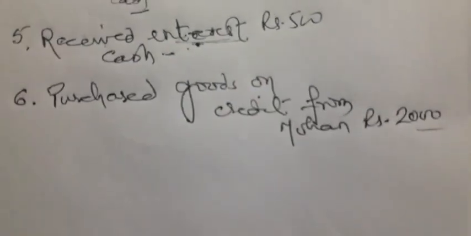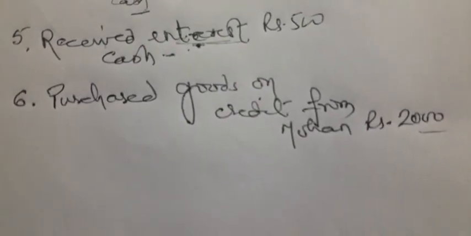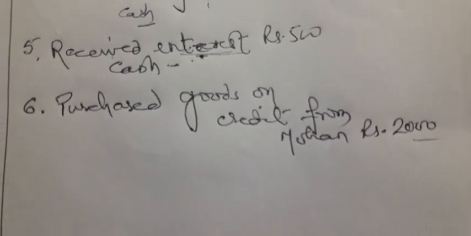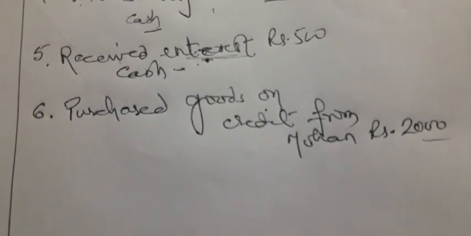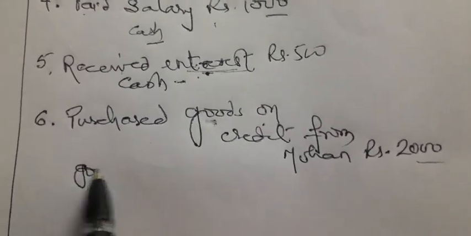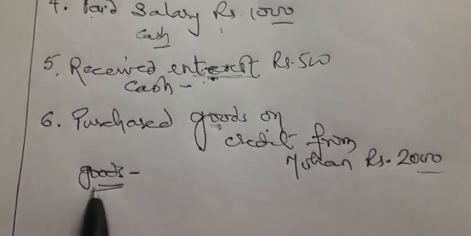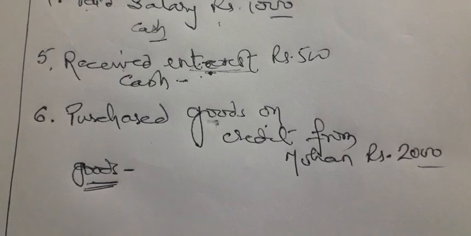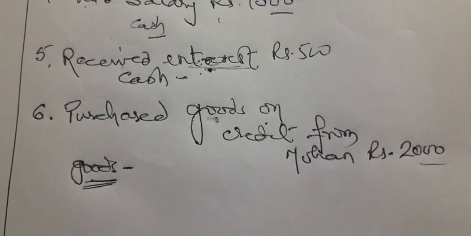In this transaction, the businessman has purchased goods from Mohan, but these goods have been purchased on credit. Now, two aspects are involved here. First thing is goods. Goods have been purchased, so goods are coming inside the business. Second, we have not purchased it for cash. That means cash is not going out.